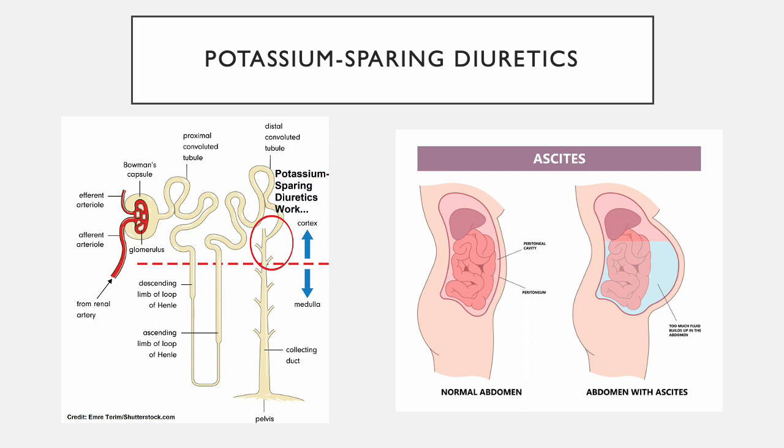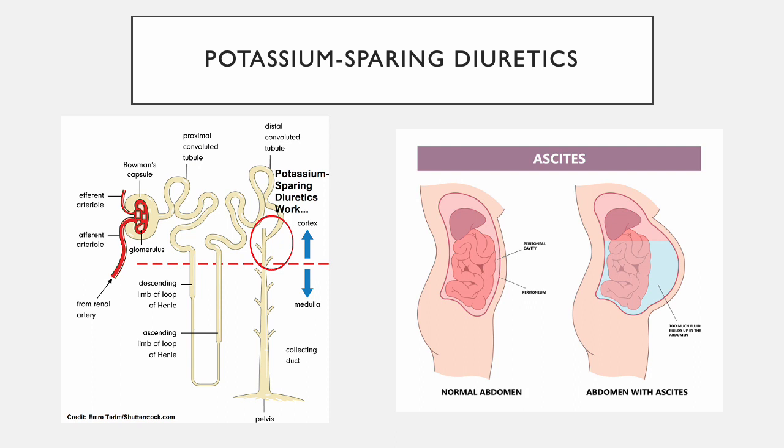So if we give a medication that causes hypokalemia and we give a potassium sparing diuretic, we're balancing that out. We can give this for hyperaldosteronism, polycystic ovarian syndrome, heart failure, hypertension, and ascites from liver failure.